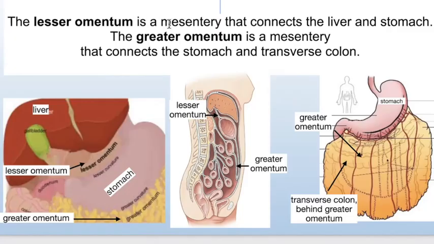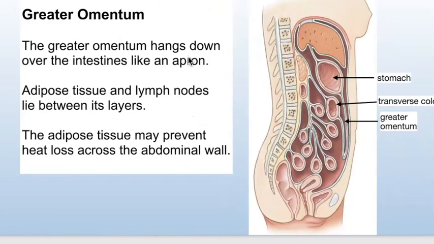So the lesser omentum, a mesentery between the liver and stomach. The greater omentum, a mesentery between the stomach and transverse colon. The greater omentum hangs down over the intestines like an apron. Adipose tissue and lymph nodes lie between its layers. The adipose tissue may prevent heat loss across the abdominal wall.